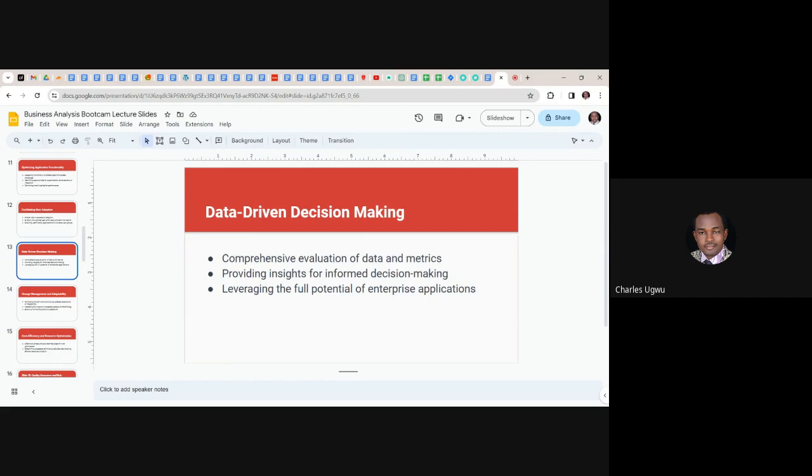When we integrate Dynamics 365 with Power BI very well, you will see all the metrics. The system will do a lot of analysis for you with an interactive dashboard. So it becomes so easy to make decisions because they are seeing the metrics, they are seeing the KPIs, everything is showing.